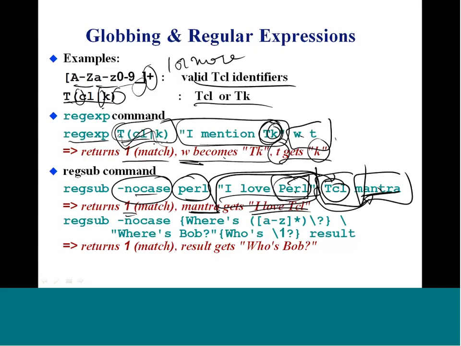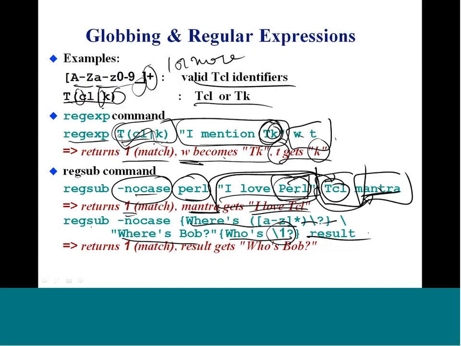Okay. So now here is one quick example. I'm using regsub with -nocase, where the pattern is "where is" followed by [A-Z]*, escaped question mark, and then the string "where is Bob", and then the subspec is "who's" followed by \1, and then put it in result.